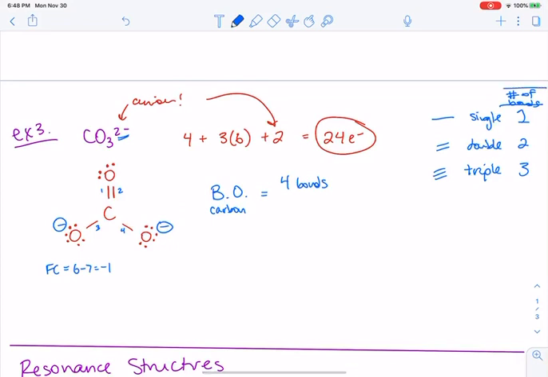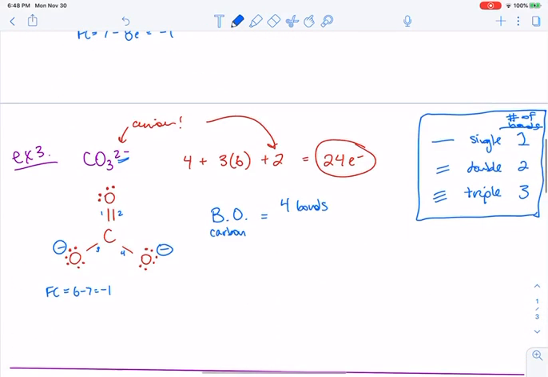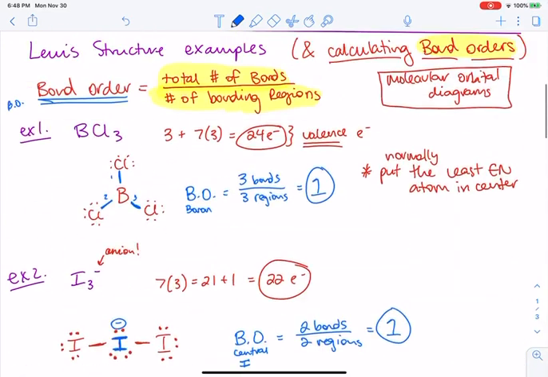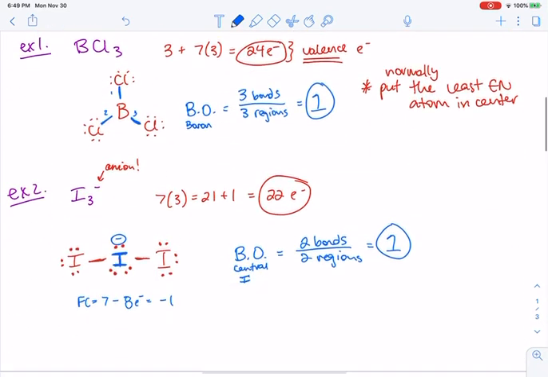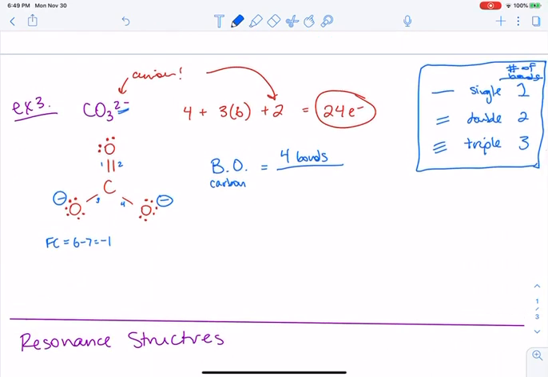Now that's kind of confusing because a triple bond counts as 1 region, but it also counts as 3 bonds. So here we had the double bond, which is 2, plus 2 single bonds gives us a total of 4. Okay, but how many regions are there, right? Because this is regions in the denominator. There are only 3 regions. So we get a bond order of 1.3.